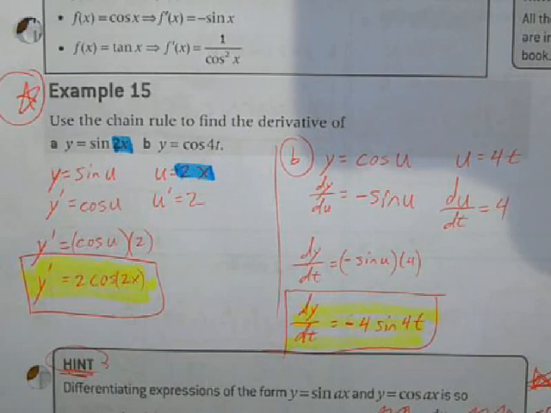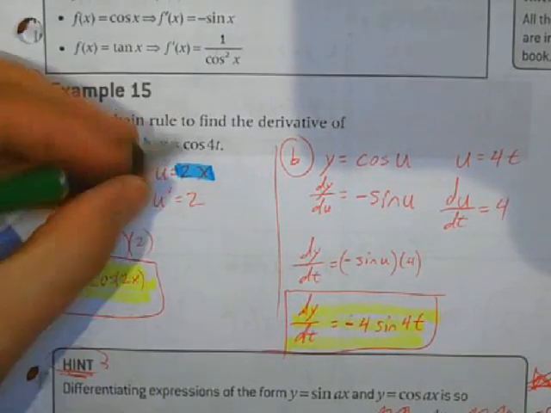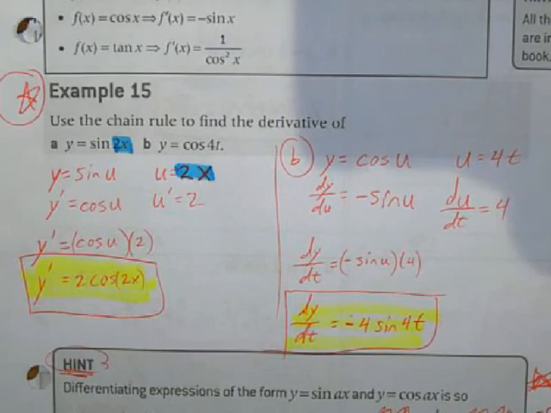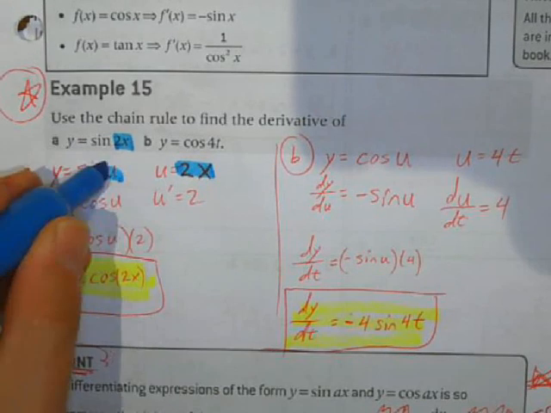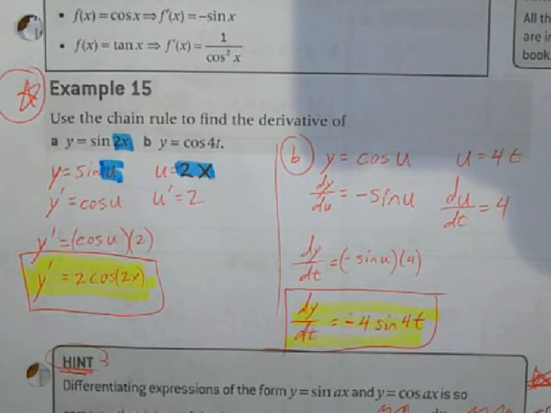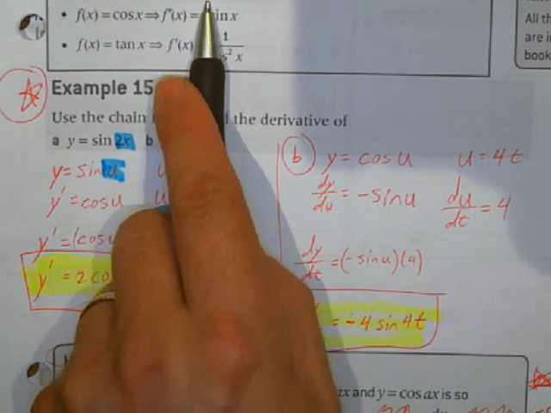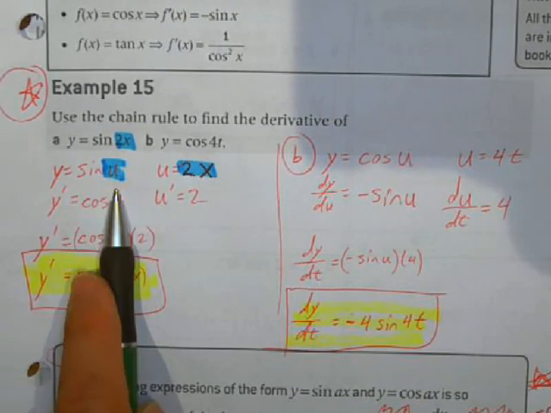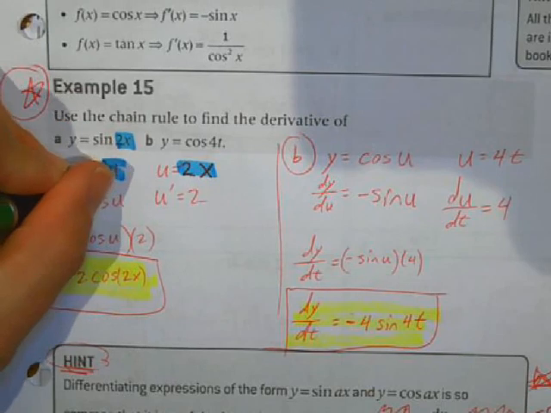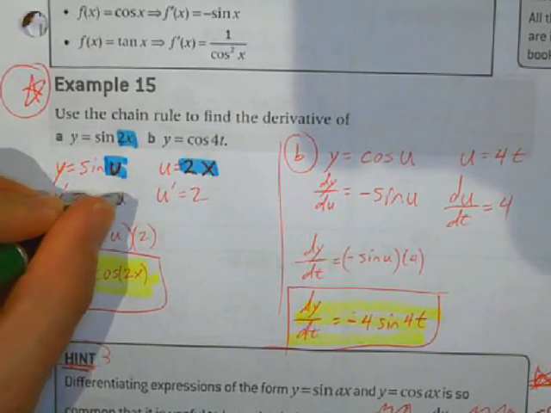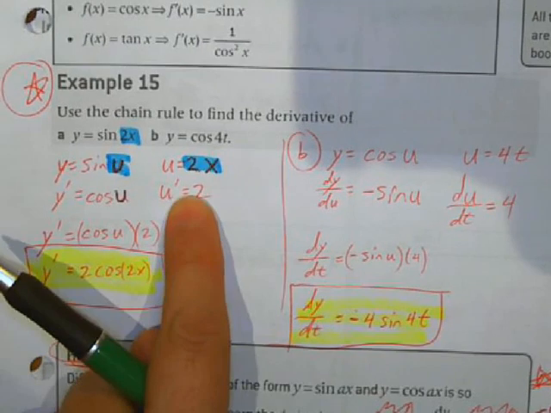Okay, so that's u, and so sine of u. The derivative of sine is cosine, so the derivative of sine u is cosine u. Okay, and the derivative of u is 2.